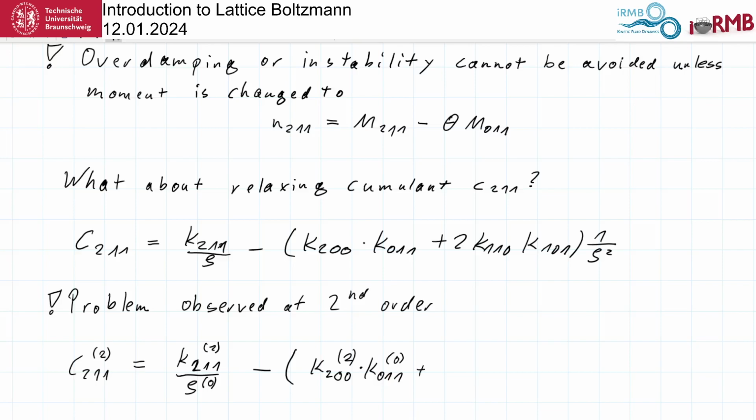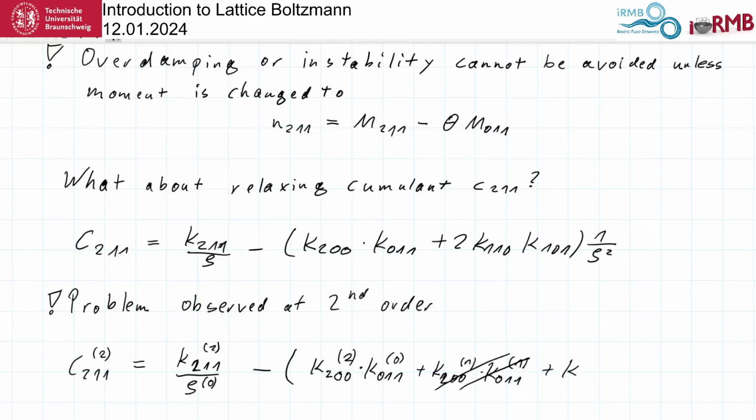Now, in principle, there could be a case where you have K200 to first order times K011 to first order. This would also be a sum of 2. However, because they are both even moments, they do not have odd orders. So this here does not exist. So I'm not going on writing this.